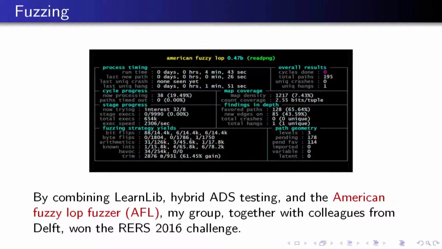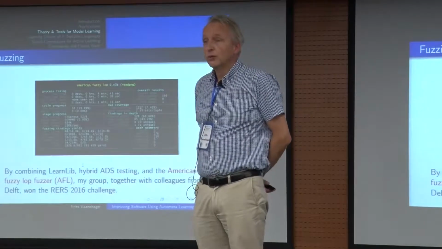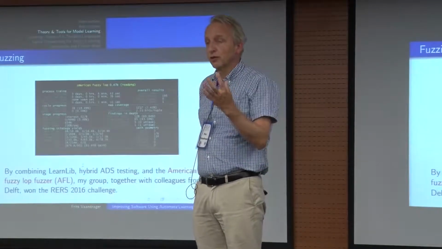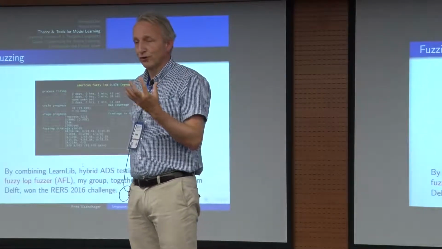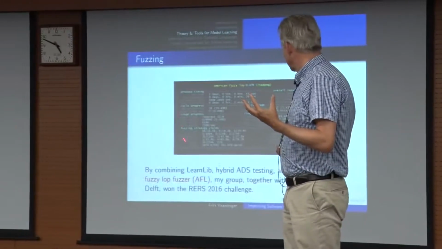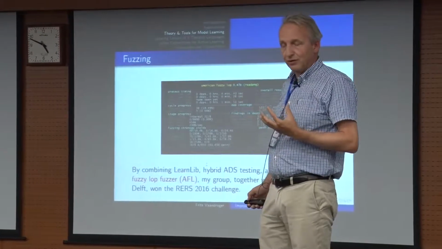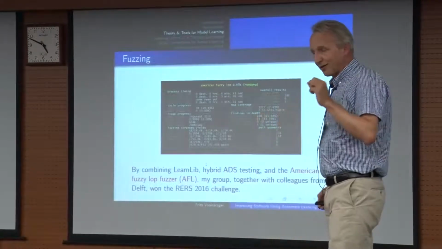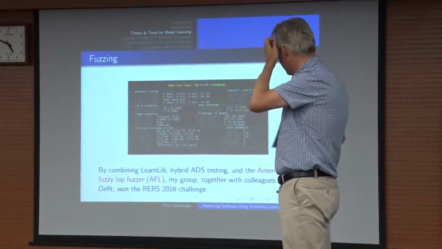branches in the executable. So we can use that in learning in a very simple way, because when our learning algorithm has produced a hypothesis, I remember the difficult challenge was to find a counterexample for this hypothesis. And the examples produced by AFL, the Fuzzy Lop tool, are just smart examples which try really different types of behaviors.